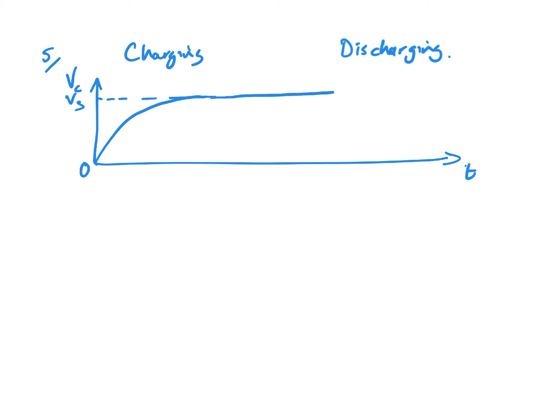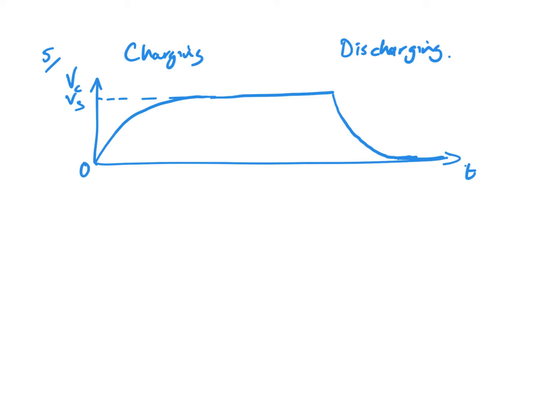Then if you set it to discharge, you get the opposite sort of shape, flattening out at zero. We know it's fully charged when the voltage across the capacitor equals the supply voltage. That's when you can't get any more current moving around the circuit, so the push of the battery is cancelled out perfectly by the push coming back from the capacitor. You've pushed as much charge on as you possibly can. And we know it's fully discharged when the voltage across the capacitor goes back to zero.